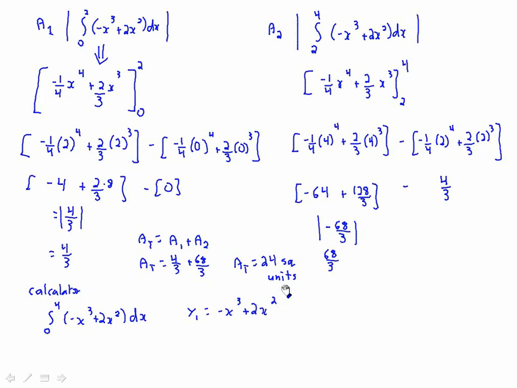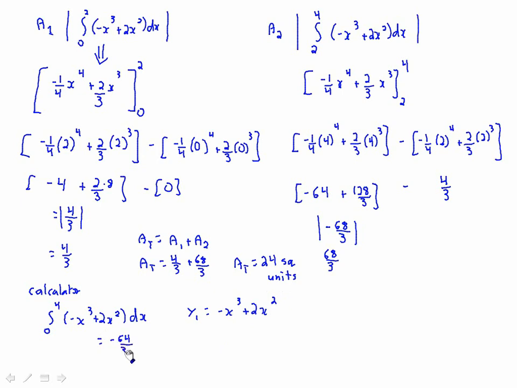So negative x to the exponent of 3 plus 2x squared. Now, I don't think this is going to shock anybody. Notice I'm taking it from 0 to 4, so this is not really the answer we want, obviously, but do it anyway, upper limit of 4. It shades it in nicely on your calculator, and then when you do the fraction, this is equal to negative 64 over 3.